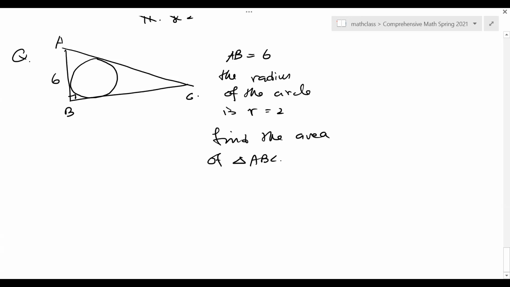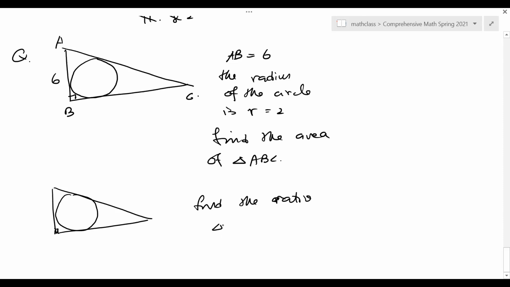Or more generally, we don't assume any particular size. So this is the right triangle. Can we find the ratio of the area of the circle and the area of the triangle? Okay, you can ask the question about that, right?